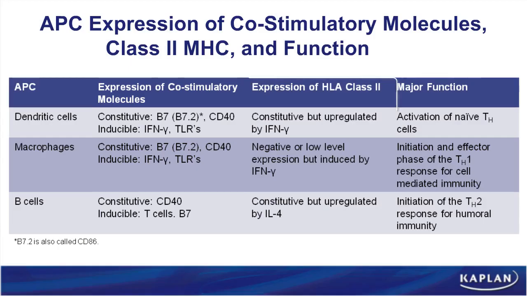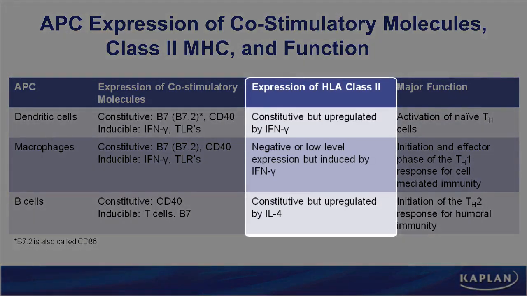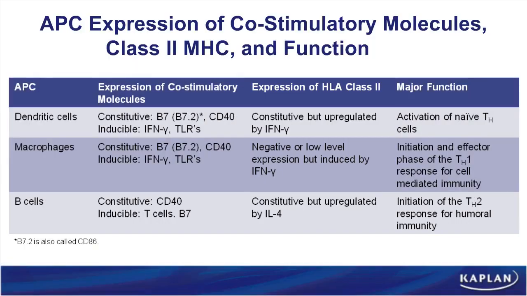The expression of class 2 MHC in some of these cells is constitutive, but under the influence of interferon, particularly interferon gamma, can be upregulated. And you can take a look then at some of the major functions of those antigen-presenting cells within the immune response.